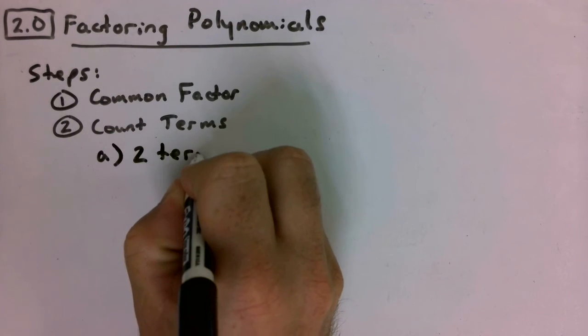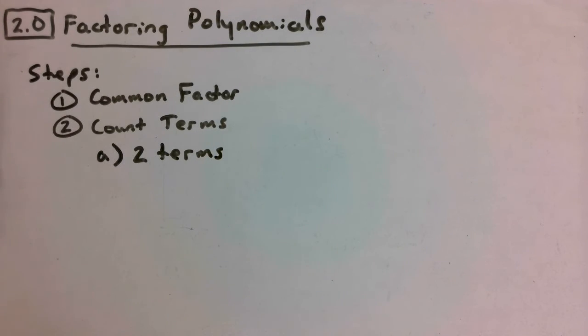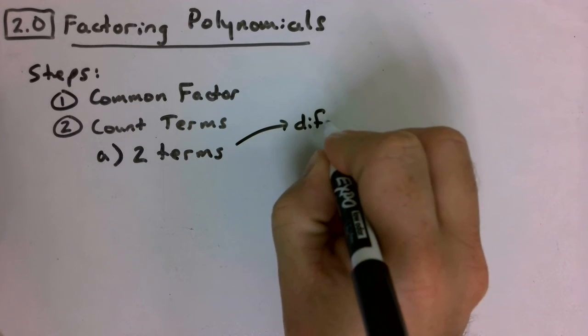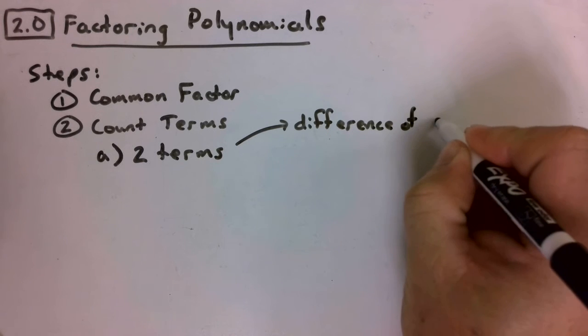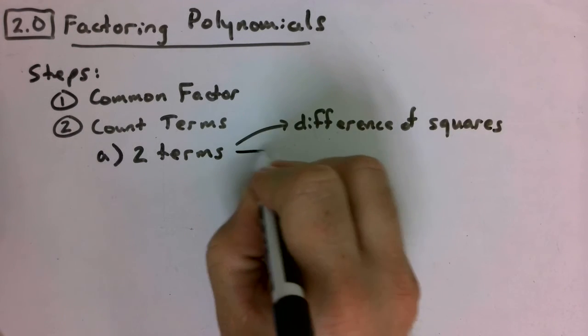If you take a look at what the original was, or if you look at what's in the parentheses after factoring out the common factor, and there are 2 terms, there are 3 different methods that we are going to use. One of them is called the difference of squares, or the difference of 2 perfect squares.